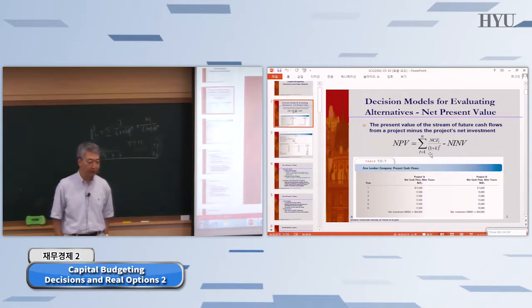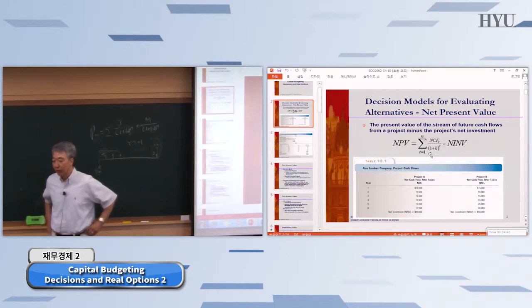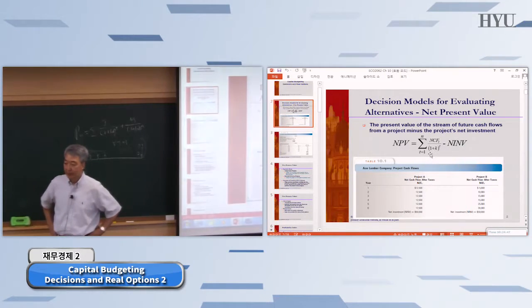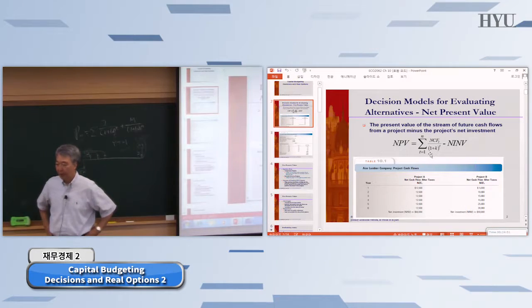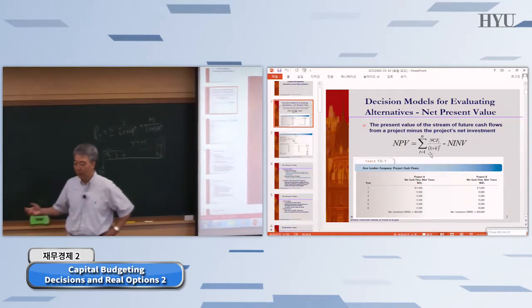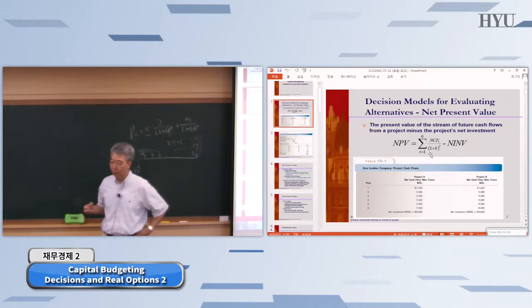Does it make sense? Well, it's not really a foolproof approach, right? Because you can argue that, well, last year when they started project A, they were able to borrow money at 5%, right? But this year they got the cash flow from project A and they have to reinvest, right?